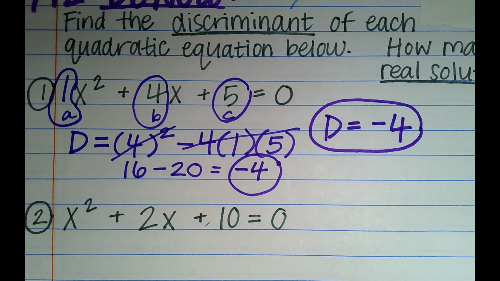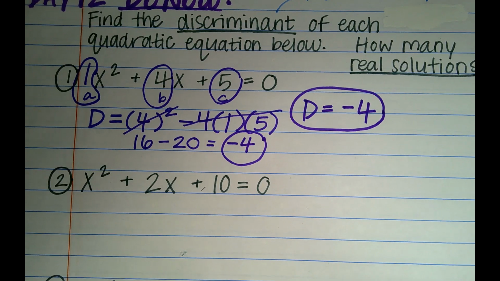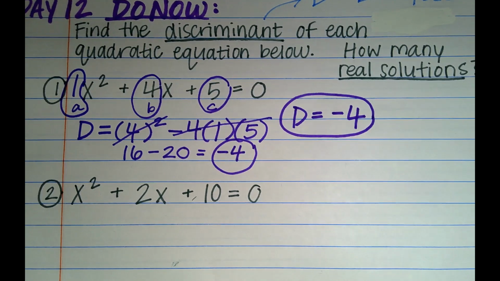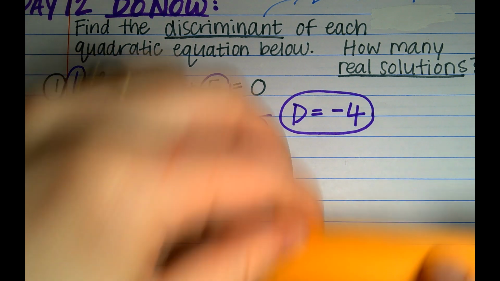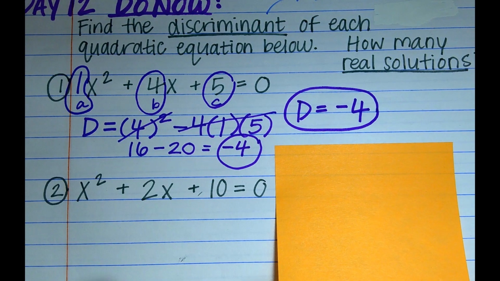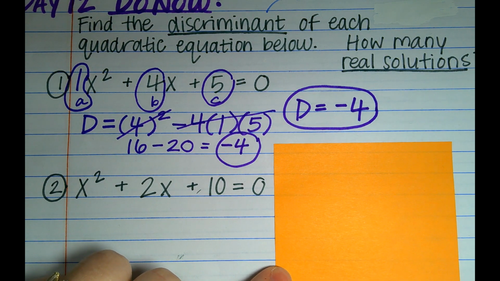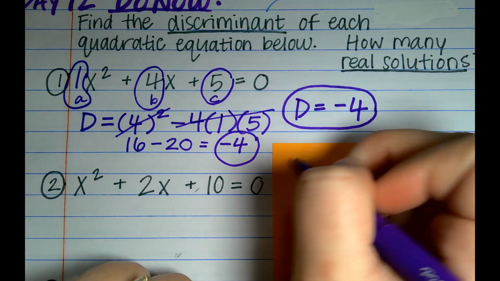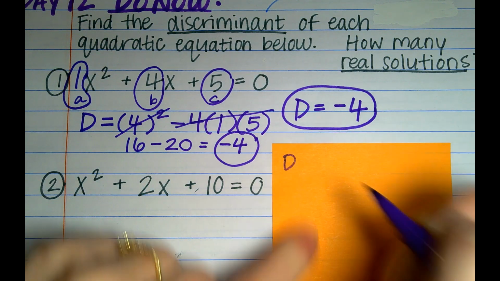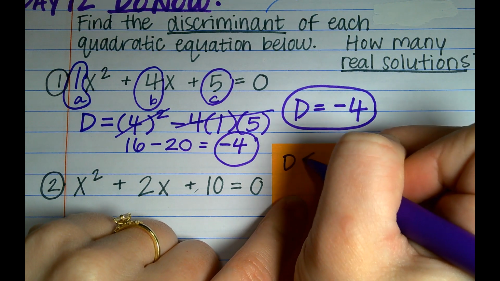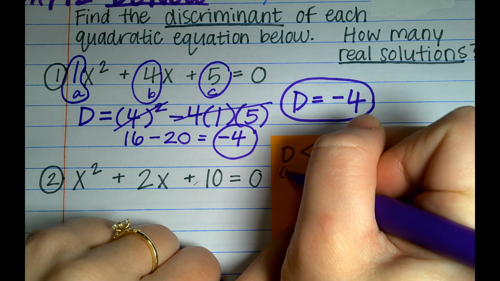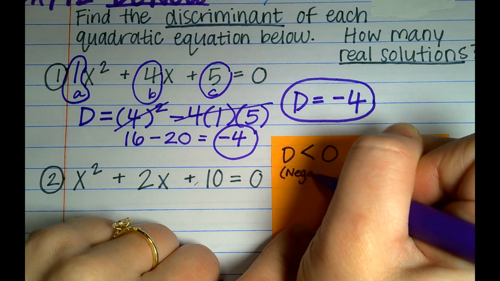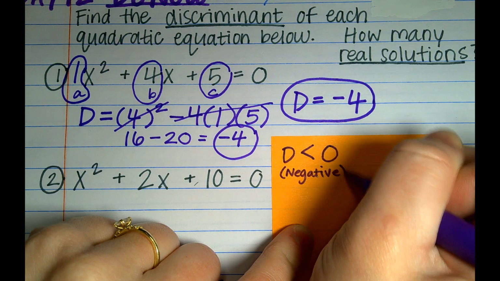That is my discriminant. Now, before I ask you how many real solutions, let's just refresh ourselves on how we know how many solutions. When we find our discriminant, we have 3 options. You will either get a discriminant that is less than 0, or you'll get a negative answer, just like we did here.